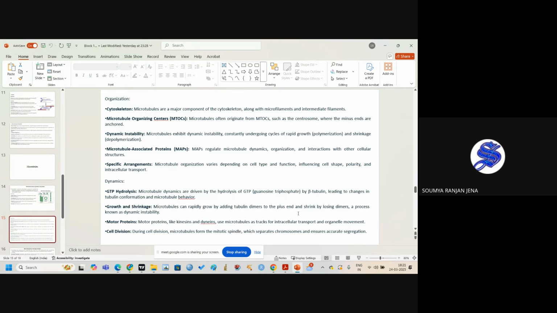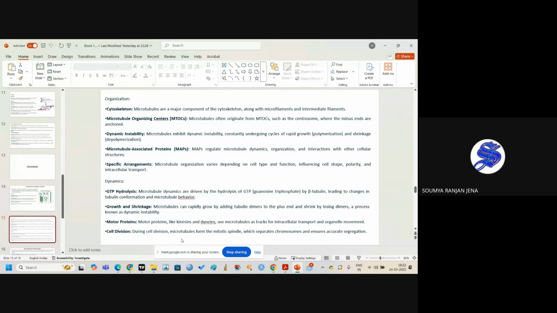Always addition and subtraction of these tubulin dimers will occur at the plus and minus ends to form a cylindrical structure. With the help of different motor proteins like kinesin and dynein, these microtubules are tracks for intracellular transport and organelle movement, for the movement of organelles inside the cells.